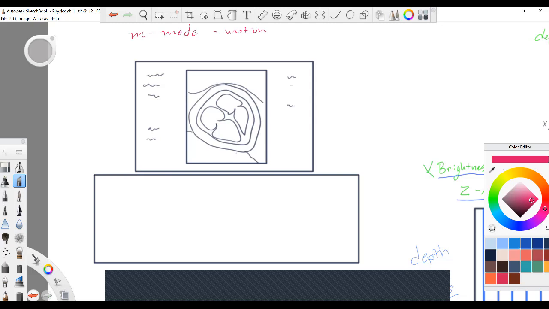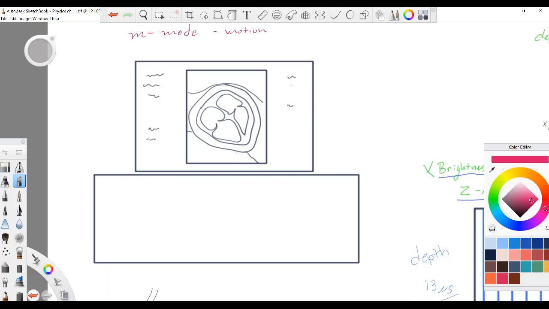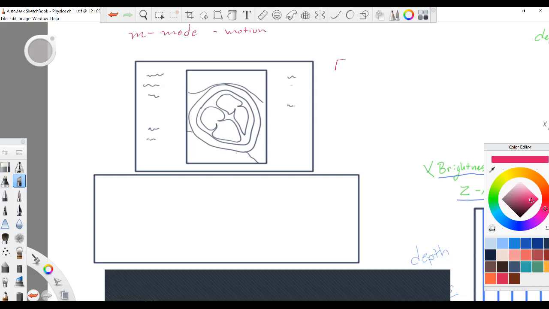So I've drawn up top, we kind of have a double screen. This is similar in how it's set up for like spectral, right? But this isn't spectral, this is not Doppler. In fact, this is acceptable to use for a fetal heart rate of, let's say, a 6-week embryo.